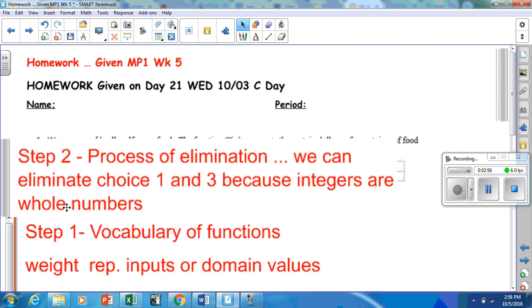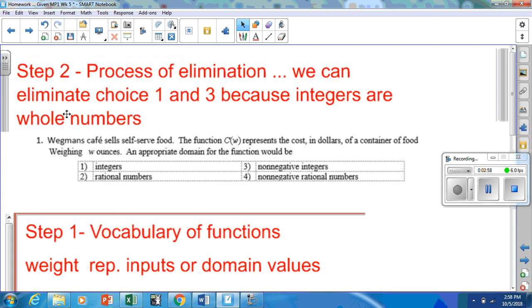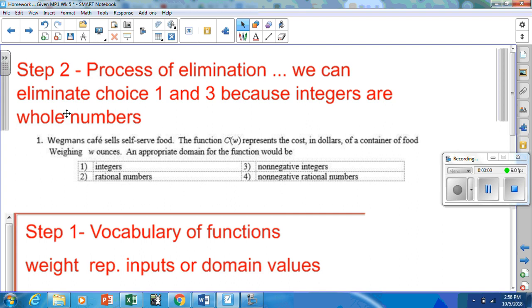Considering we're going to use a process of elimination here, we can eliminate choices 1 and 3. Why? Well, choices 1 and 3 are integers. Integers are whole numbers.